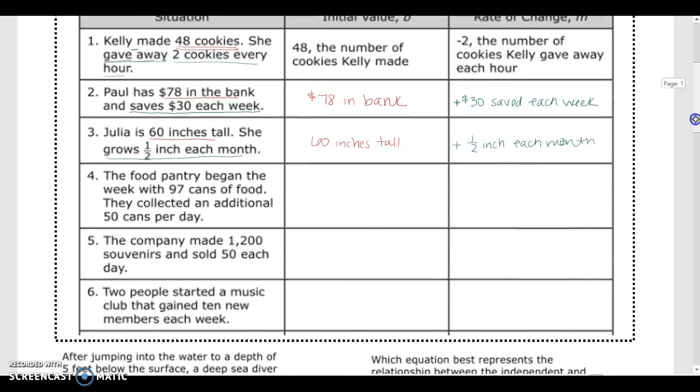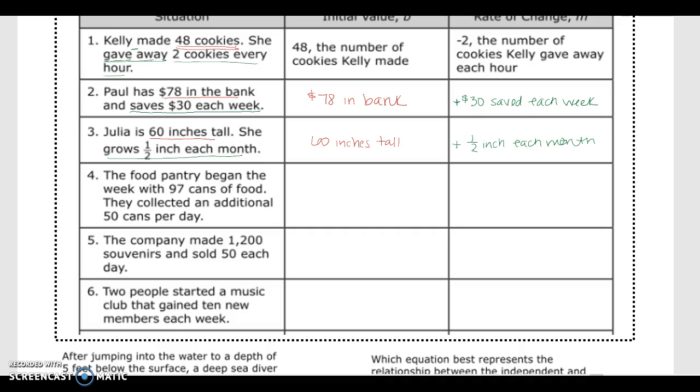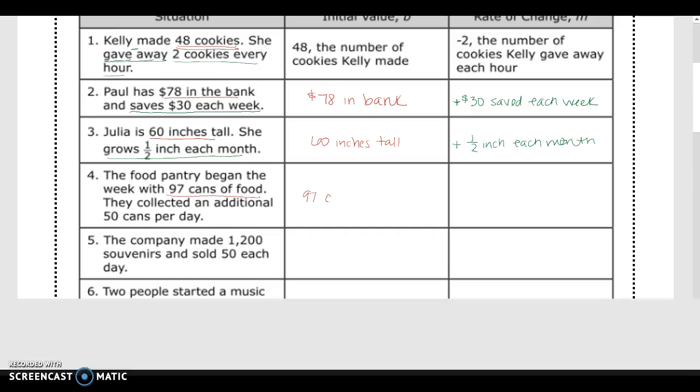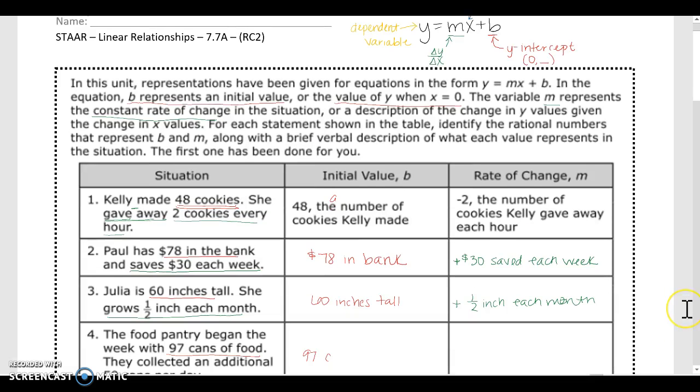Next one says the food pantry began the week with 97 cans of food. So that's my starting point. So 97 cans of food.